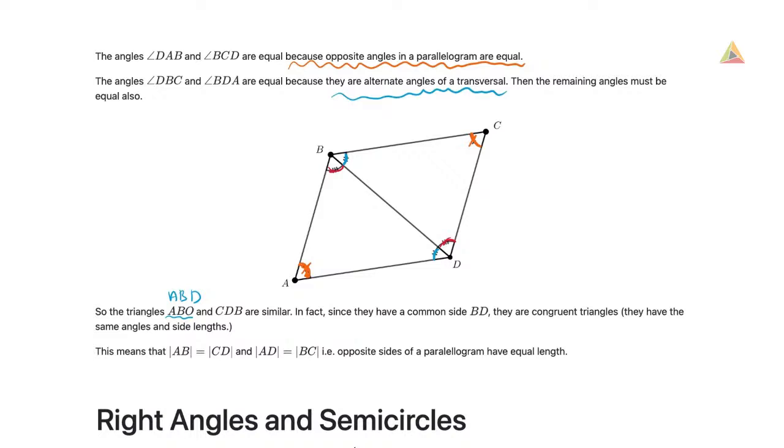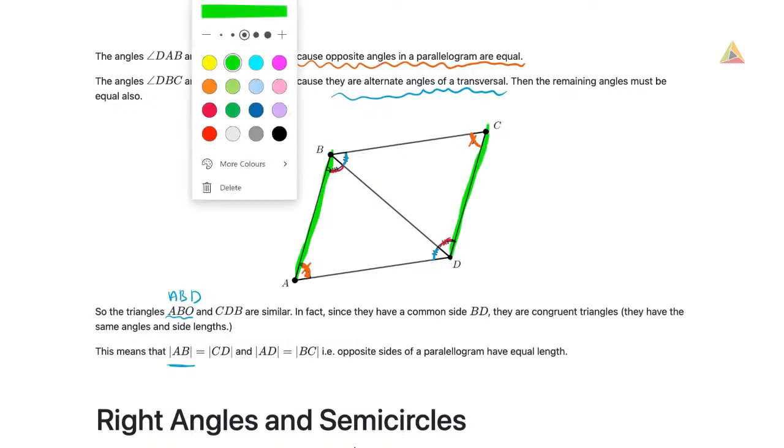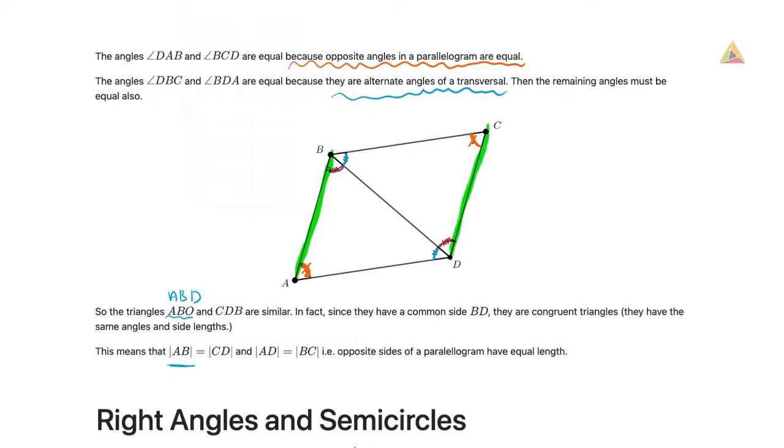This means, the last sentence here, that the side AB is equal to the side CD, and also the side AD is equal to the side BC. So from that we can say that opposite sides of a parallelogram also have equal length. That's important to note as well.